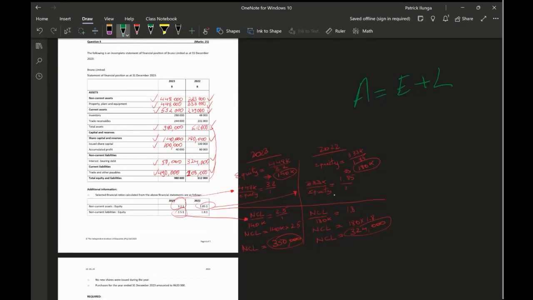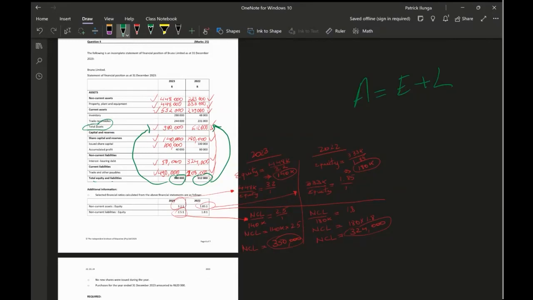I was shocked that some people did not know what this total asset is. It's straightforward. You take total equity plus liability, you put it here. Simple. Why? Because assets equal equity plus liability.